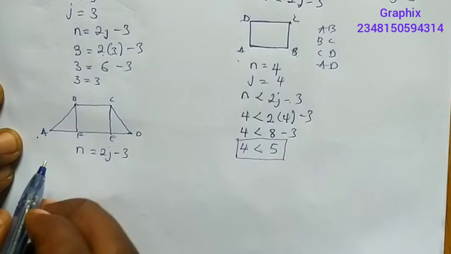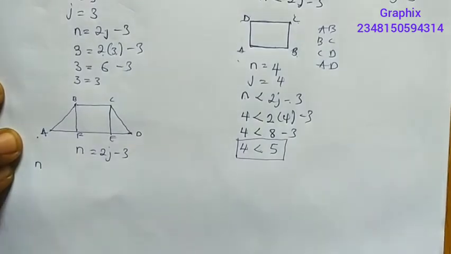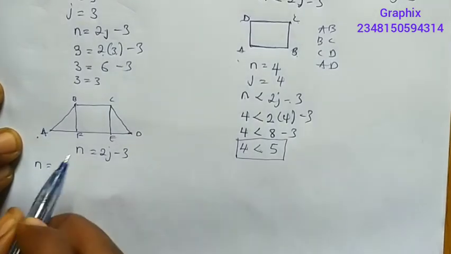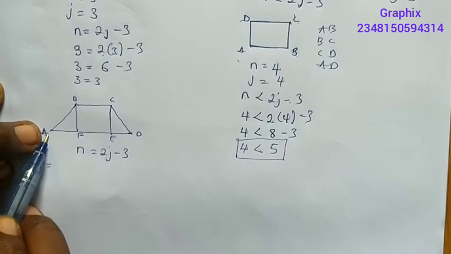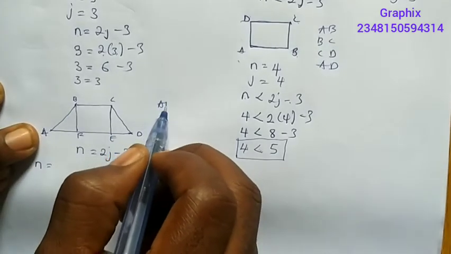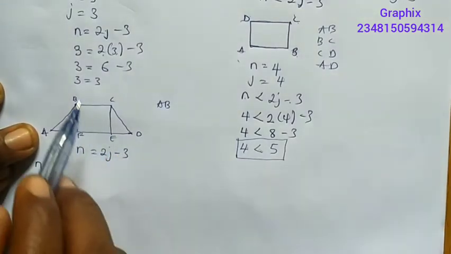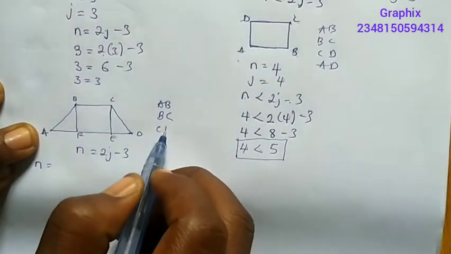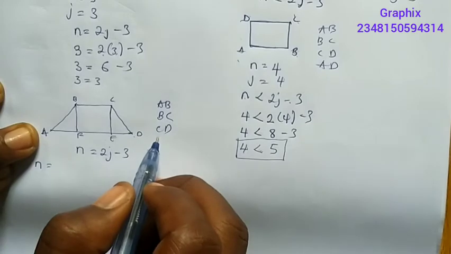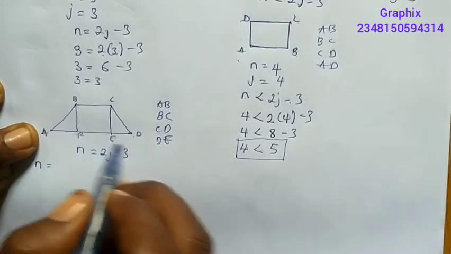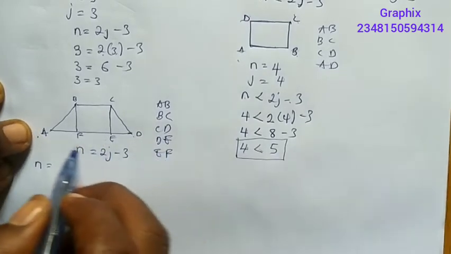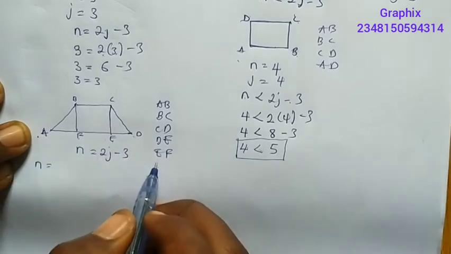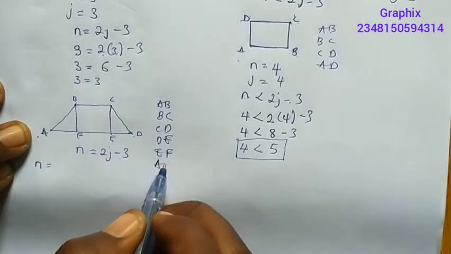So let's see. N is the number of members. Now let's check. We have AB as a member, that is 1. BC is another member. CD is another member. DE is another member. EF is another member. FA, or AF, is another member.